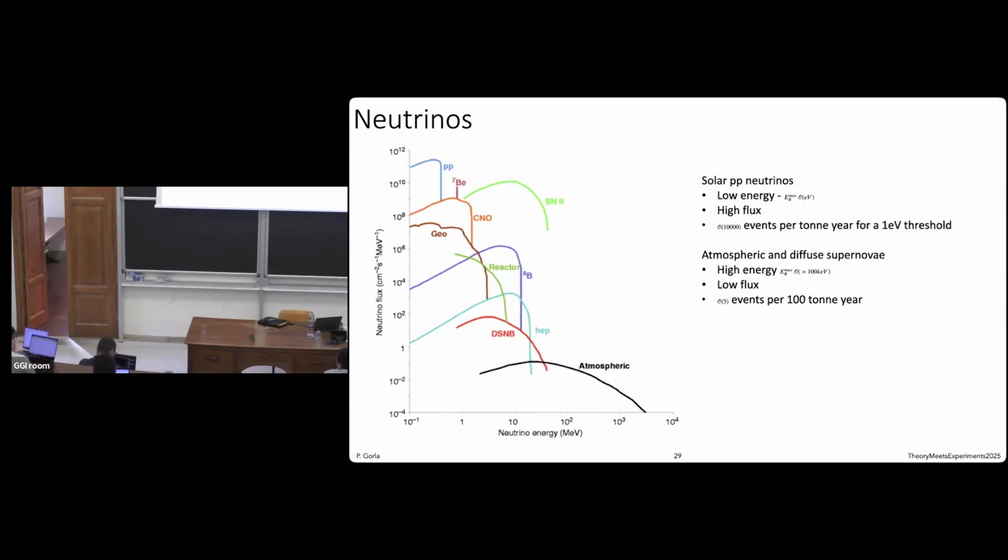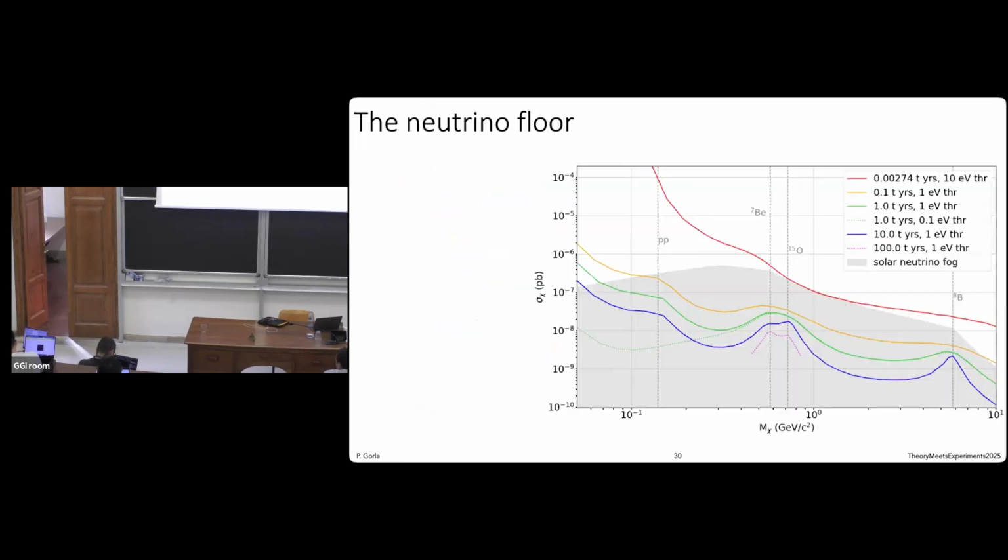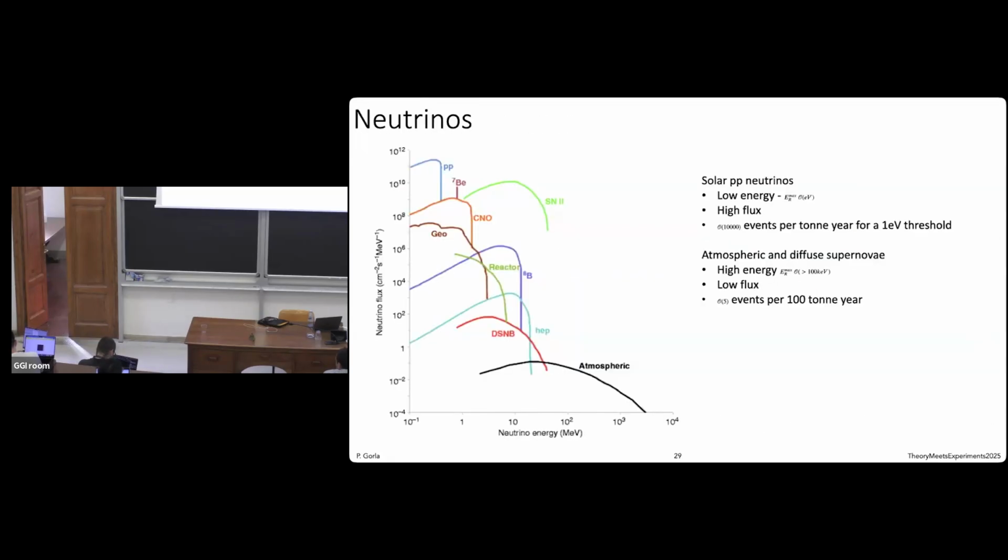The energy is low, but the flux is extremely high. You have really a lot of events per ton year at 1 electron volt threshold. On the other side, atmospheric and diffuse supernova neutrinos have much higher energy, but the flux is much lower.